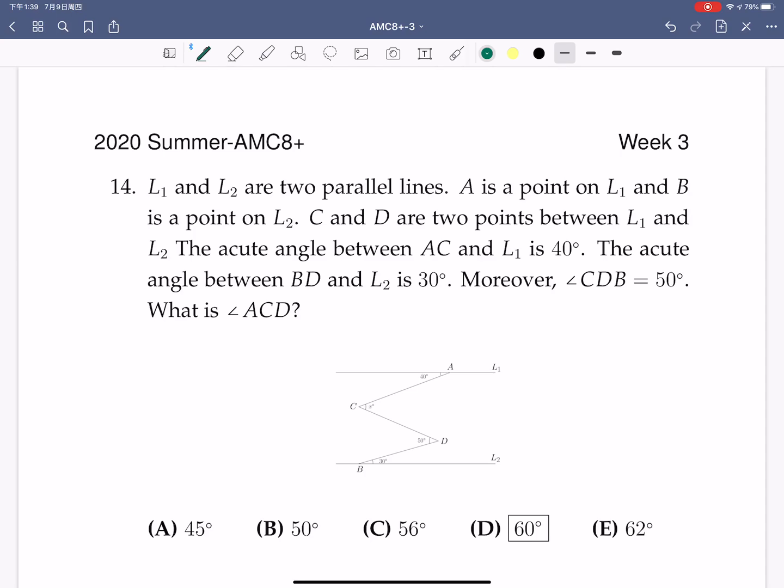Problem 14 is an interesting question which tests how to make smart use of the corresponding angles and the alternate angles.